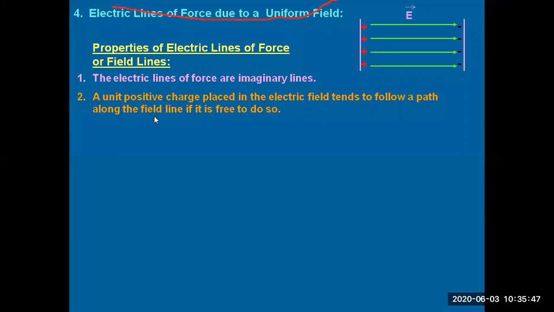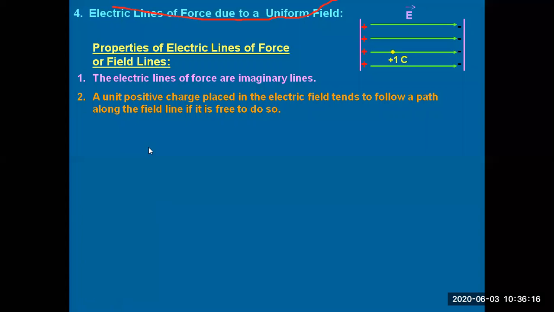Charge will move along the field line. So my second letter will be C. First point is they are imaginary lines. Second point, the charge will move along your field line. Keep that in mind. The charge direction will be along the field direction. So first letter is I, second letter for charge, that will be denoted with the symbol C.